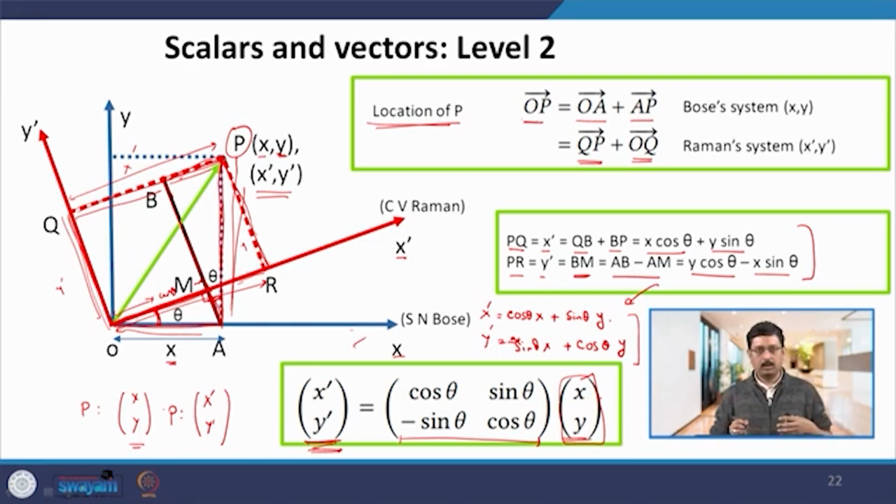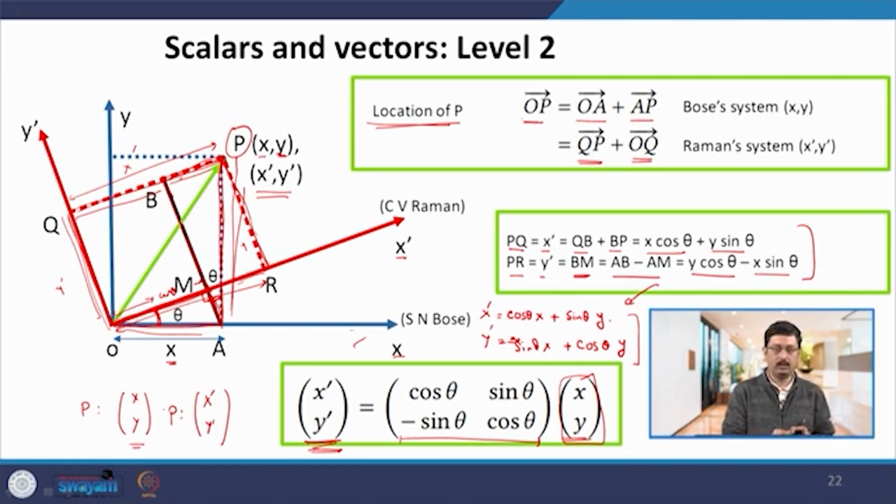Now, let us try to understand what we did here. What we do here is that we know physically that the position of point P and point O are fixed.